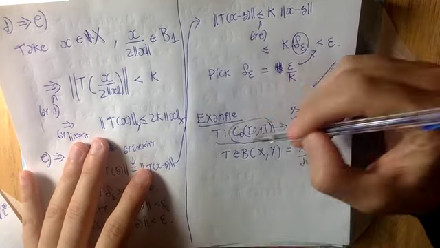Usually they're called Radon measures. Maybe later in the course we'll see the proof of that.